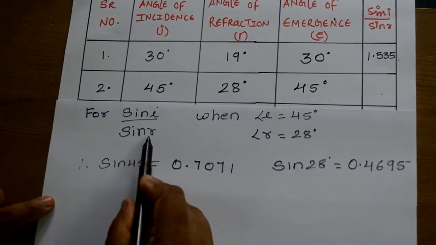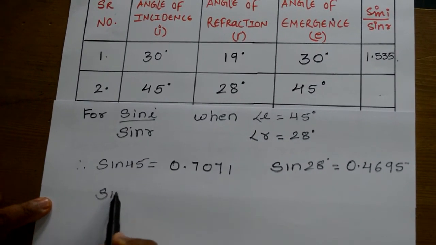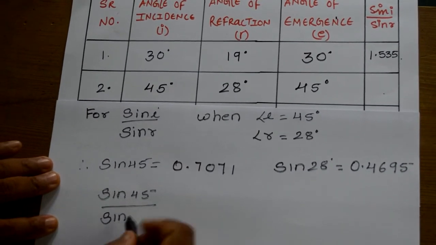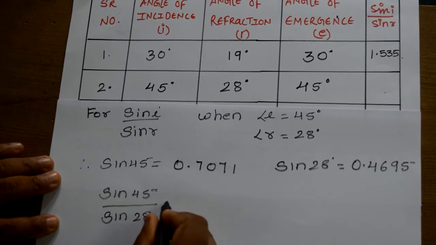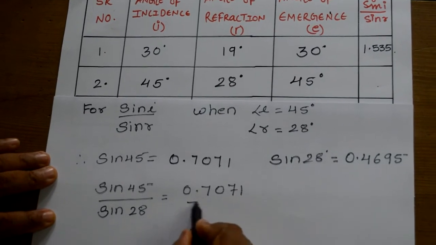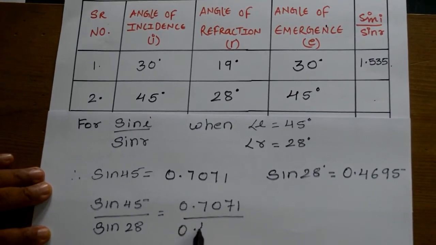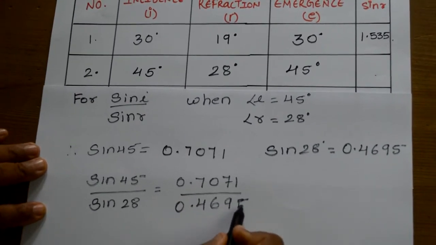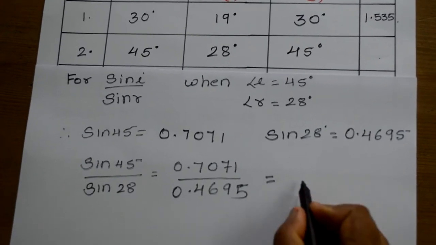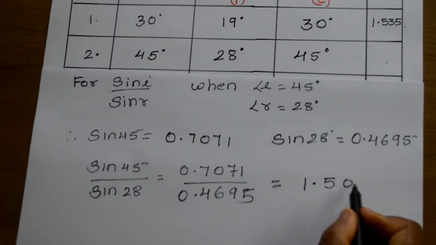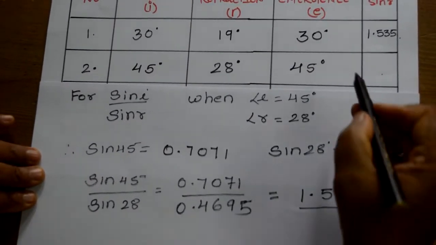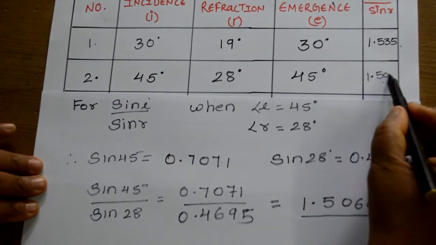To get sin I upon sin R, I write sin 45 upon sin 28, which is 0.7071 upon 0.4695, equal to 1.5060. So here we got sin I upon sin R as 1.5060.